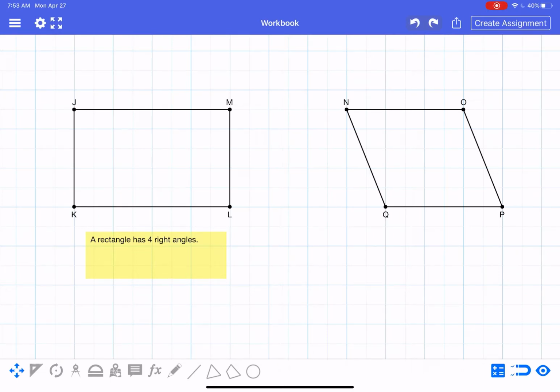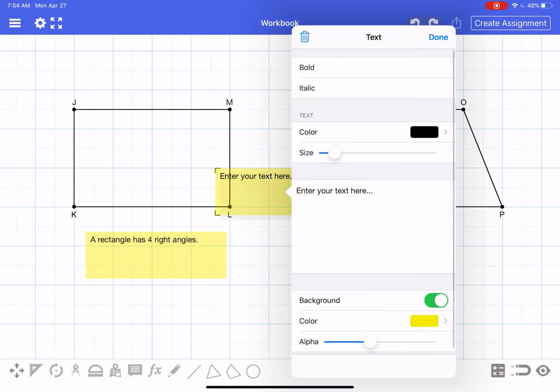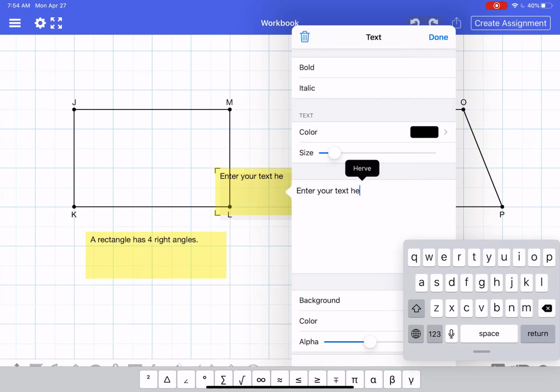The next one, this shape here, is a parallelogram, and it has two pairs of equal angles. So I'm going to write that down so that you can see it. I'll name it first.